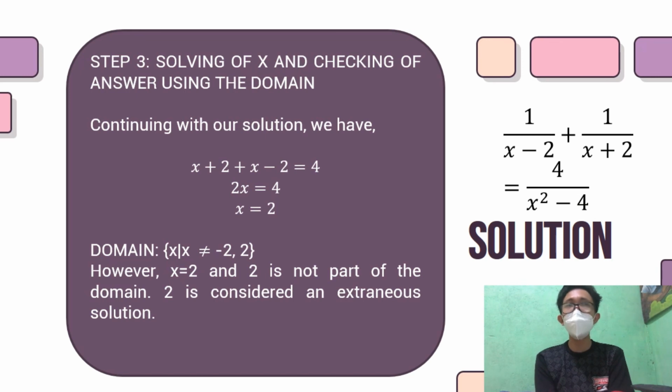That is where the concept of extraneous solution comes in. We got it while solving earlier, which is x is equal to 2, but it is not part of our domain, x such that x is not equal to negative 2 and 2. So 2 now is considered an extraneous solution. Therefore, the equation has no solution.